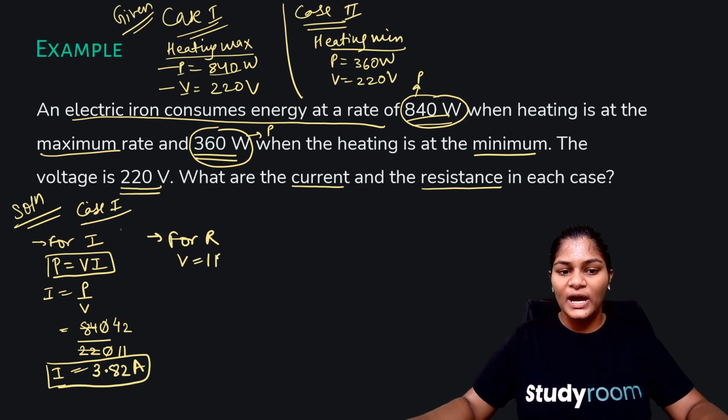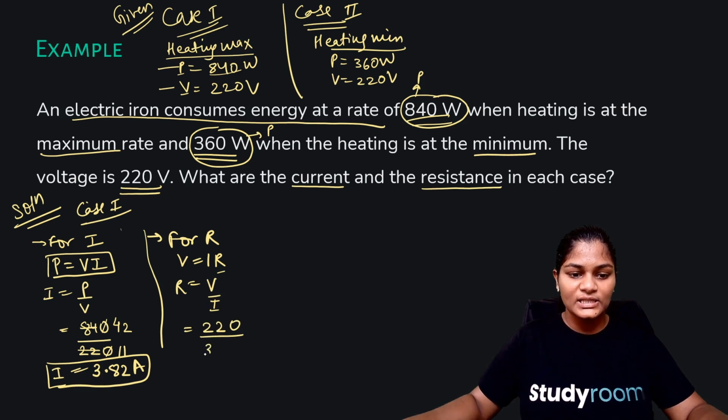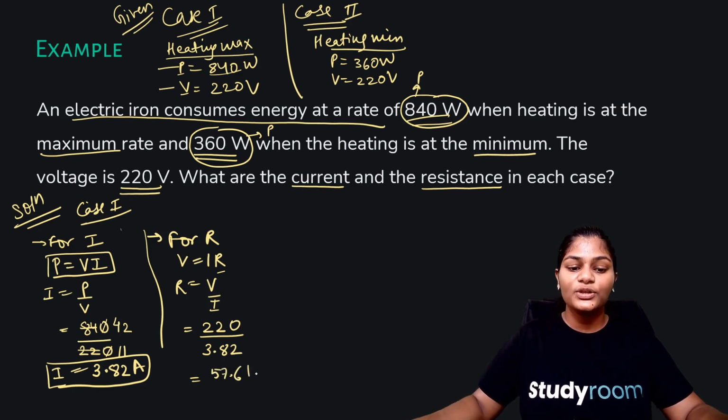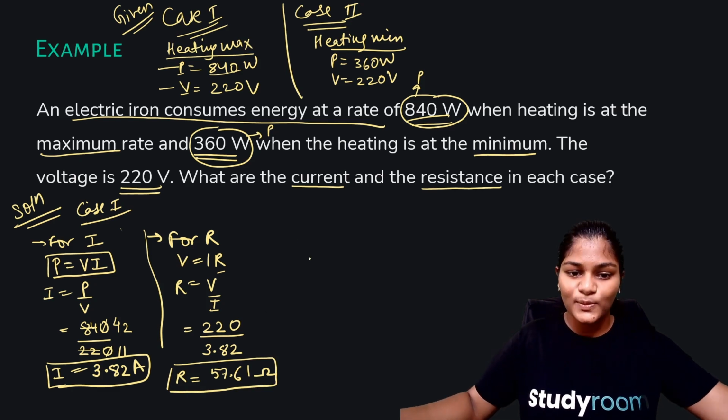So R is equal to V upon I. And what is V for this case? It is 220 upon, we got I as 3.82. When you divide this, you get 57.61. You divide it for yourself and check that the resistance comes out to be 57.61 ohms. So you are done for case 1.